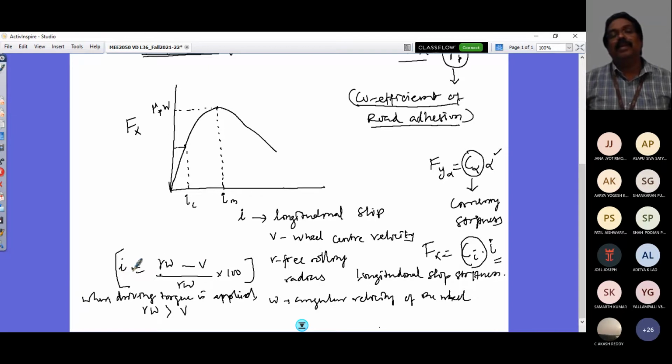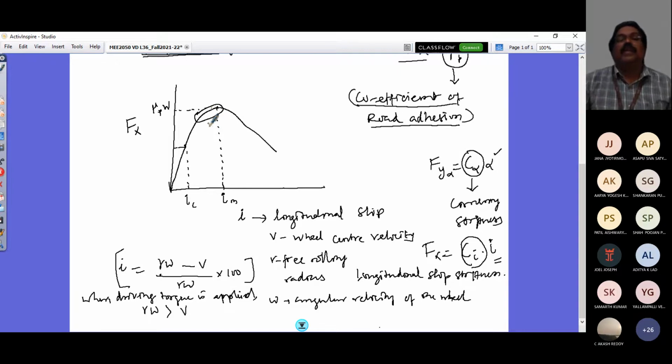As the slip increases, the sliding of your tire at the front of the contact patch would progressively move towards the trailing end of the tire. As it is just about to finish its travel, you get this point. So this is where you get the maximum tractive effort possible.